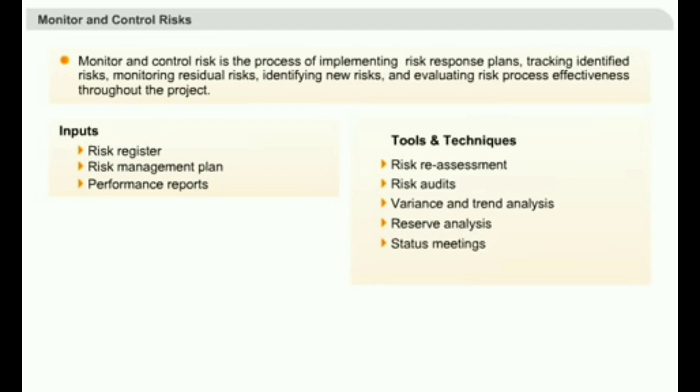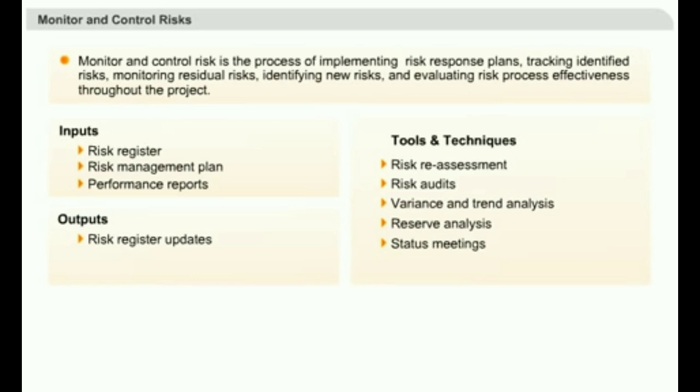Reserve analysis is also done throughout the risk monitoring and control process to check if a newly identified risk requires additional reserve to be added to take care of any eventuality. The output of this process is an updated risk list. For example, some risks that are no longer applicable will get removed from the risk register.